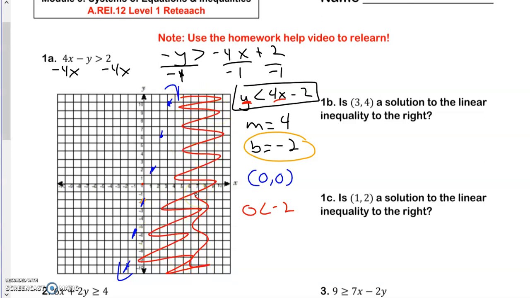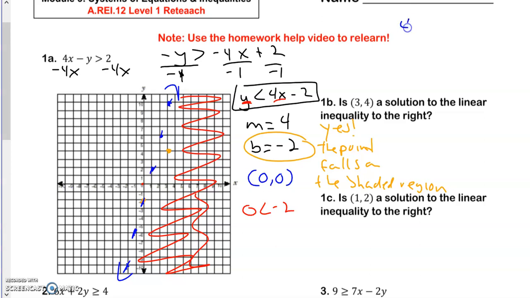So then the next thing I need to do is determine if 3, 4 is a solution. So I'm going to go here, 3 and 4. By looking at the graph, I can tell it's a solution, but sometimes I may not have that opportunity. So I'm going to plug in the numbers.